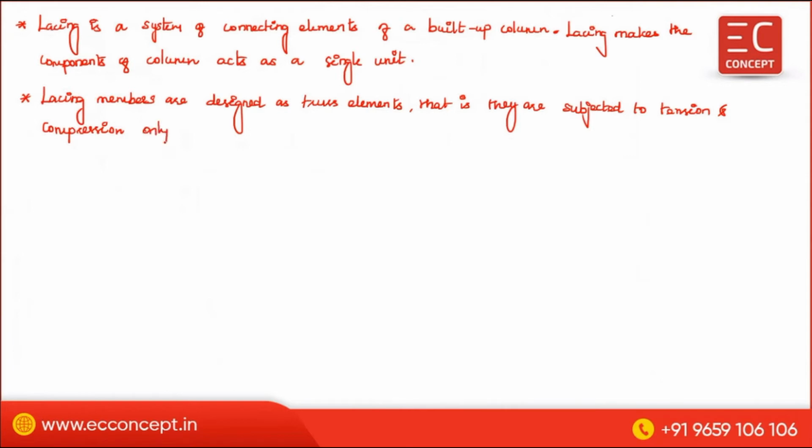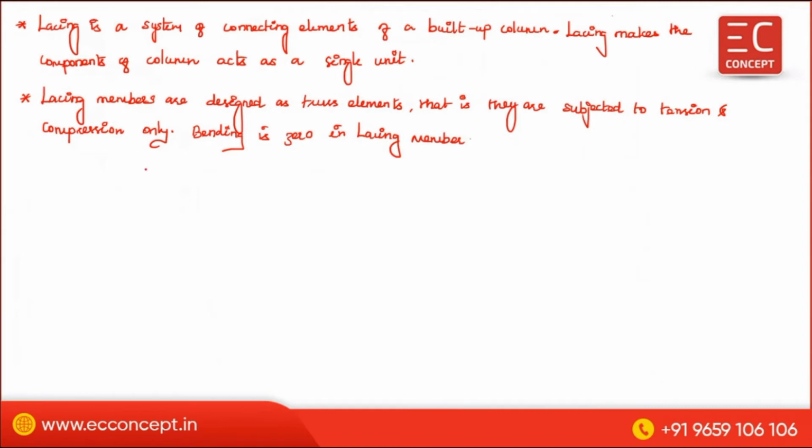Bending moment is 0 in lacing member. This point is important. The truss element, we know, is subjected to only tension or compression force, and there is no bending moment. So that's why the lacing members are subjected to either tension or compression, but there is no bending moment.